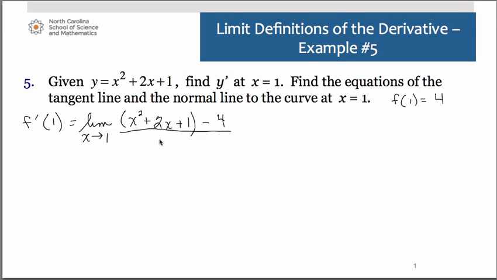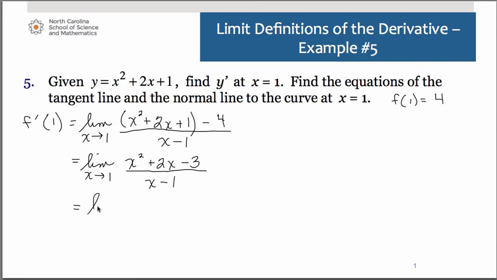And our denominator is x minus 1. So as we start to simplify, in the numerator, we have x squared plus 2x minus 3. In the denominator, we are not able to substitute in 1 because it results in a 0 in the denominator.